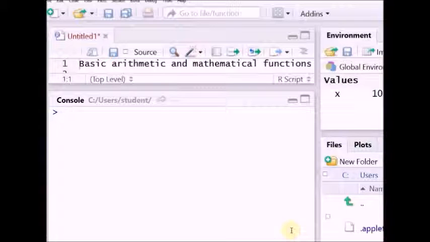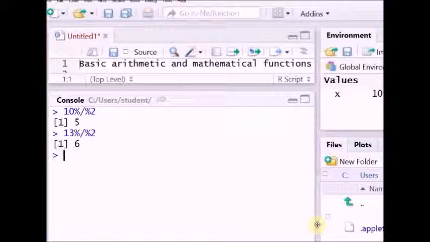Next, for integer division, to know the integer part of a division, we use it this way, 10 %/% 2. So it will return the quotient part. Suppose 13 %/% 2, the quotient is 6.